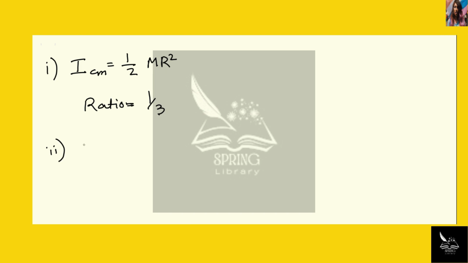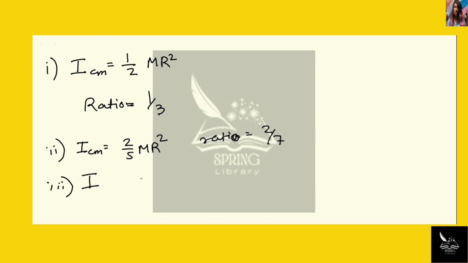Similarly, the uniform sphere will have ICM as 2/5 mr squared. So the ratio will be 2/7.